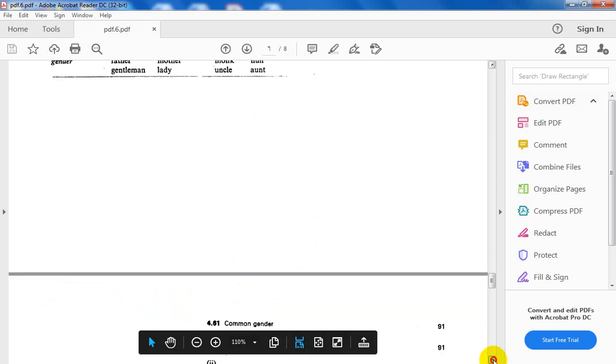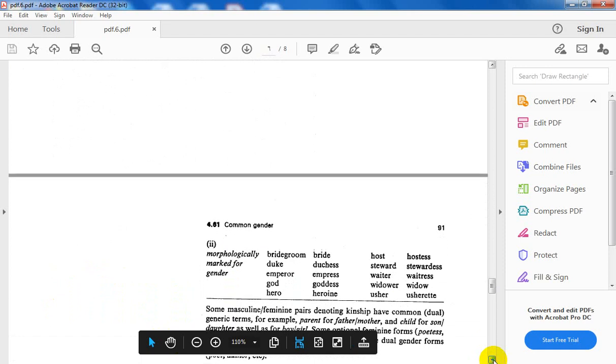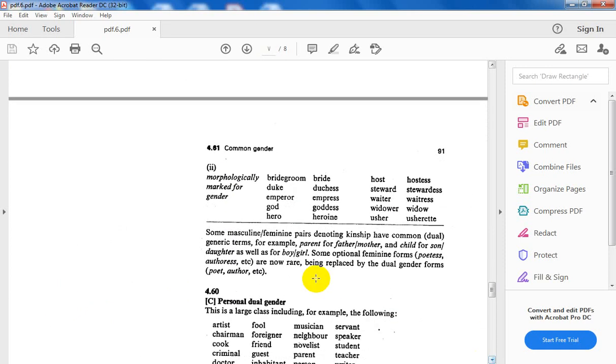In contrast to this one, in which nouns are morphologically marked for gender.